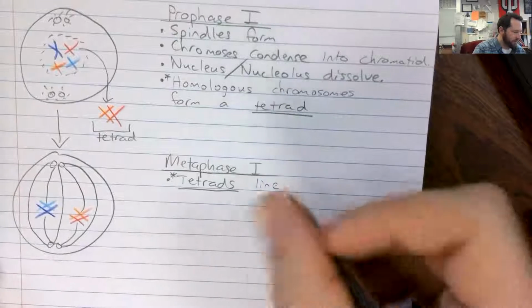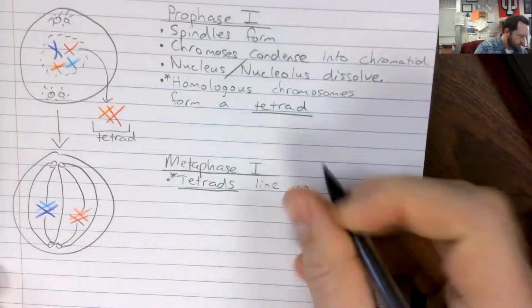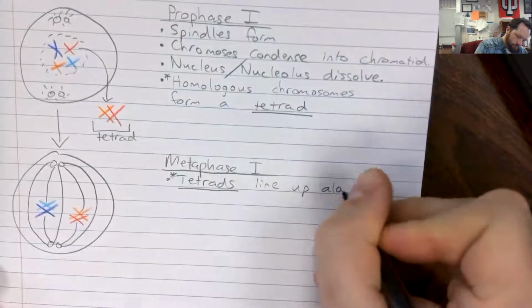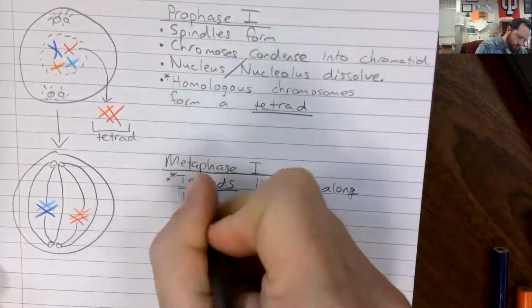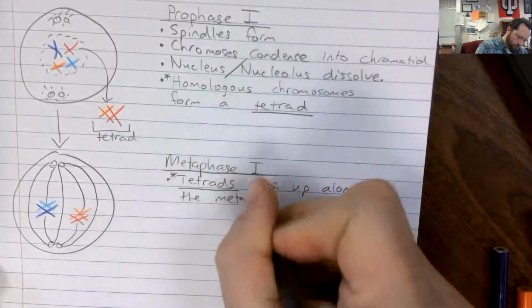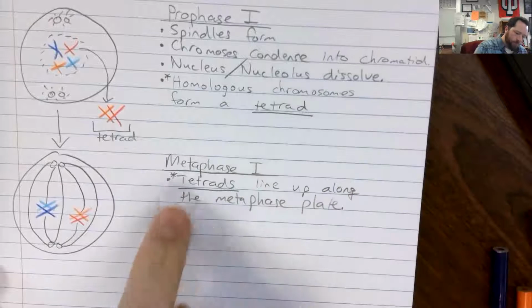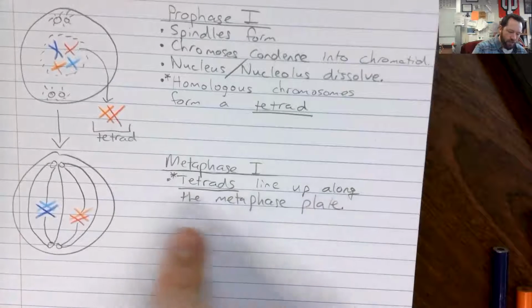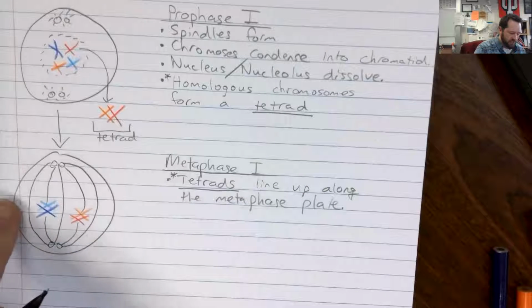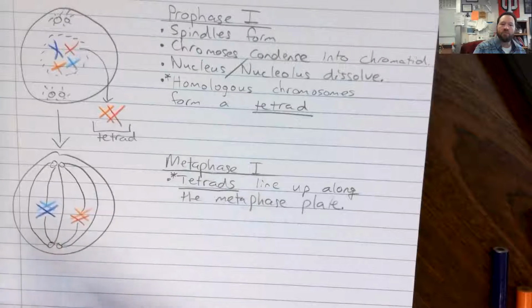It's the tetrads this time. The tetrads are going to line up along the metaphase plate. Again, this kind of imaginary line down the middle of the cell is the metaphase plate.